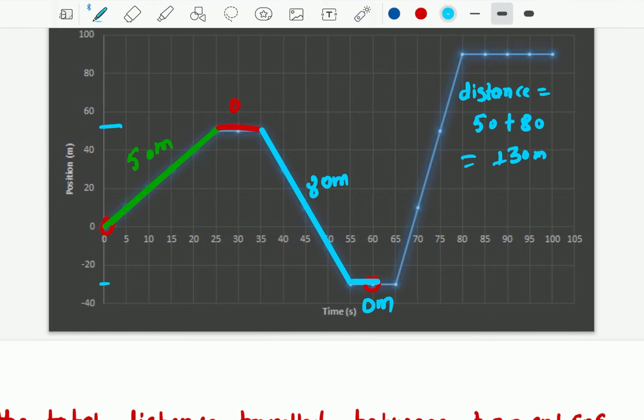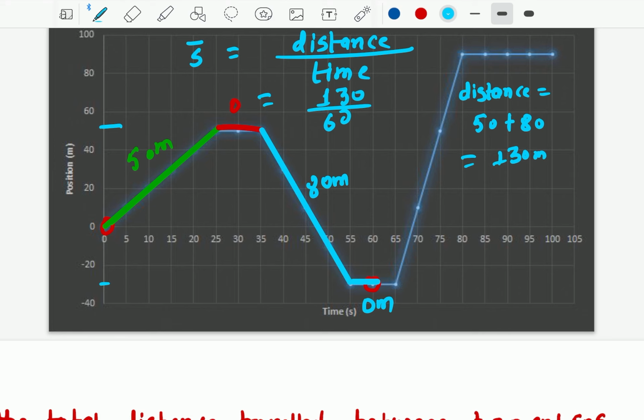Once you know the total distance traveled, the average speed, which we denote by S bar, is the distance divided by the time. So what is the distance? The distance is 130. And what is the time? The time is 60. So let's divide these two numbers, 130 divided by 60.